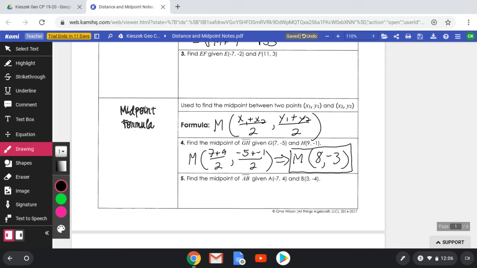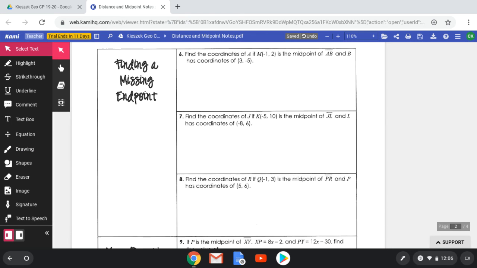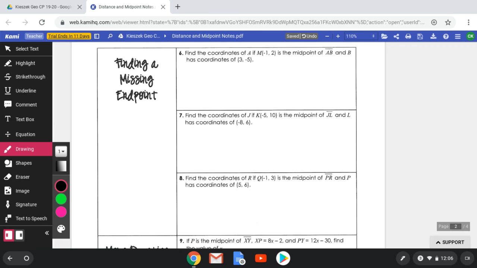Number 5 is the same concept, so I don't think we need to do another example of that. Now with the midpoint formula, we could find the missing endpoint. If I look at number 6, it says find the coordinates of A, the endpoint, if -1, 2 is the midpoint and B has a coordinate of 3, -5.